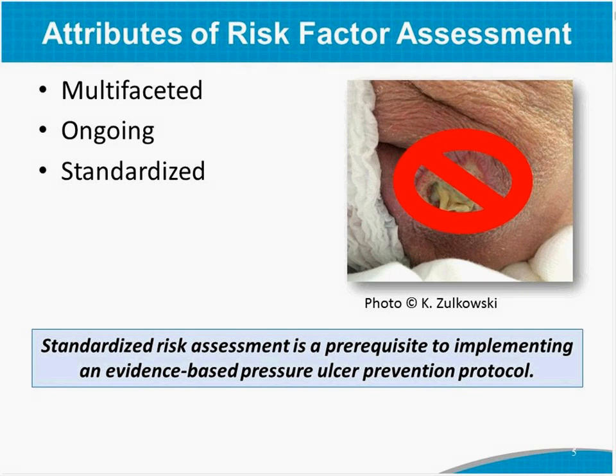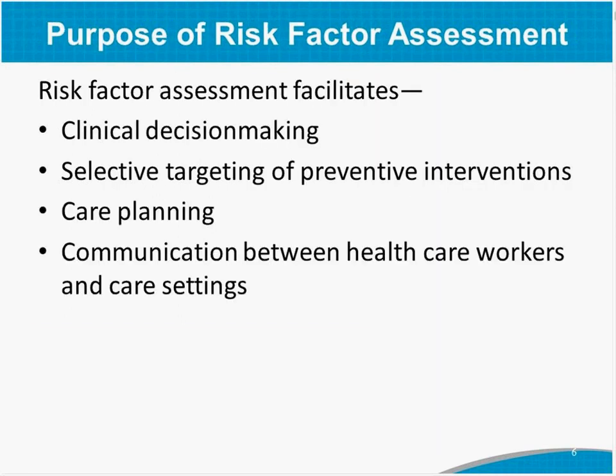And risk assessment is standardized. It's just a way to review the factors that put persons at risk for a pressure ulcer. It's like you need a map, a guide, so you know where you're going to look in pressure ulcer risk assessment.